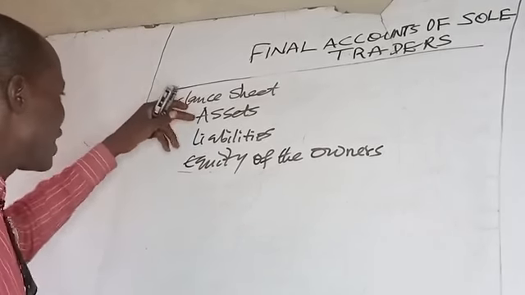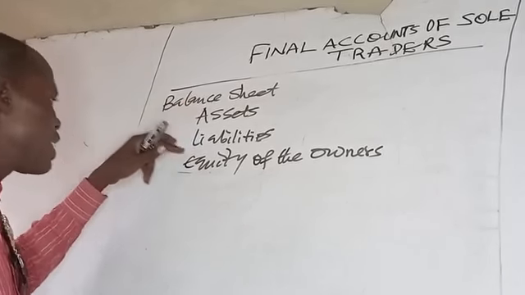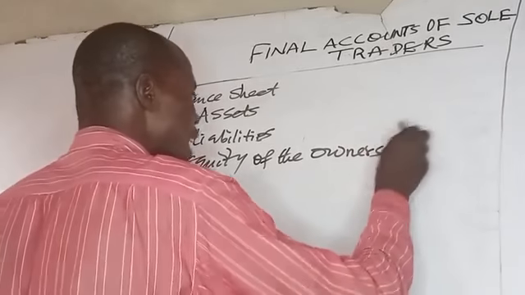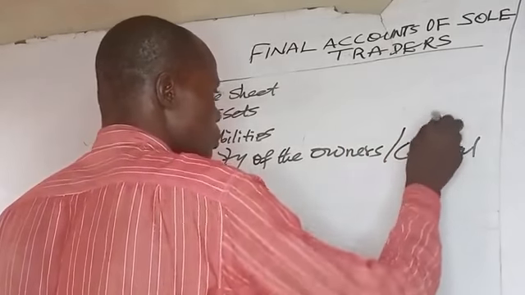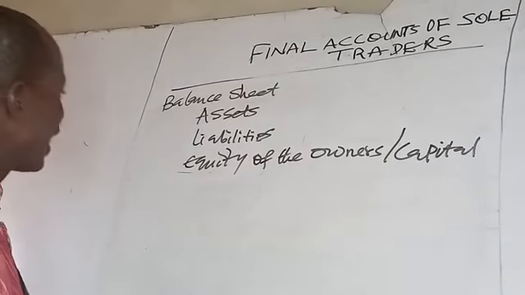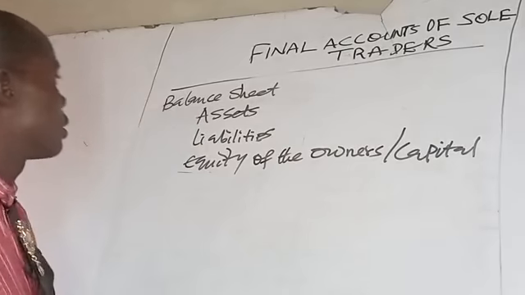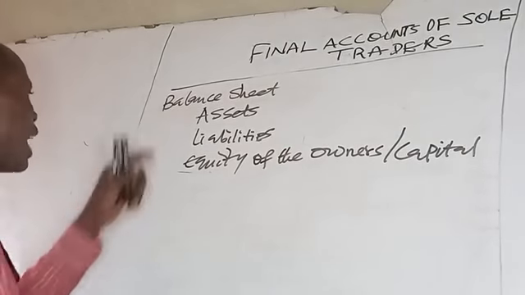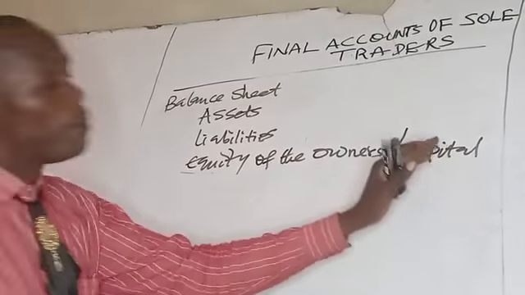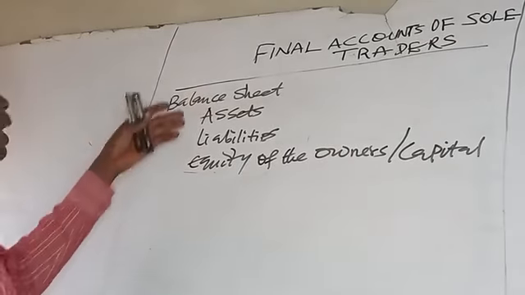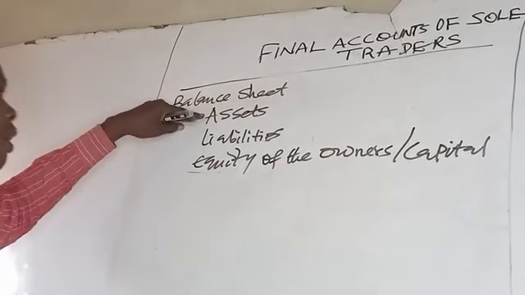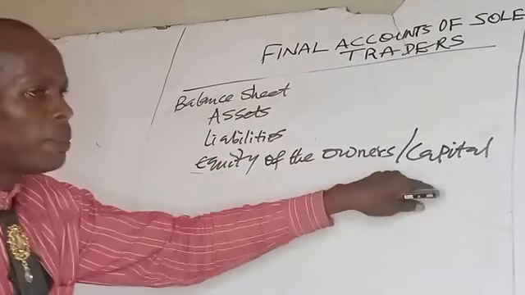It contains assets, liabilities, and equity or capital. It shows the assets, liabilities, and capital of the owners. Therefore, we want to look at each of these elements of balance sheet. I've told you that balance sheet is a statement that shows the assets, liabilities, and capital of the owners.